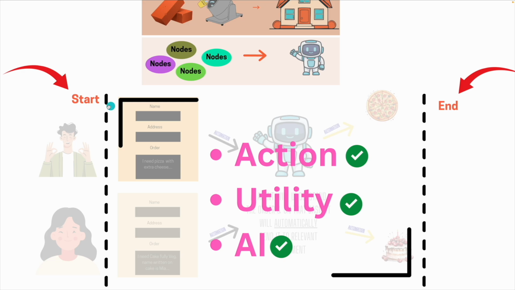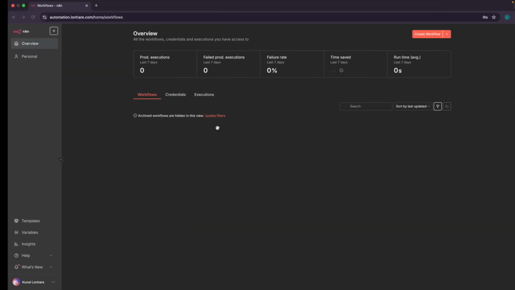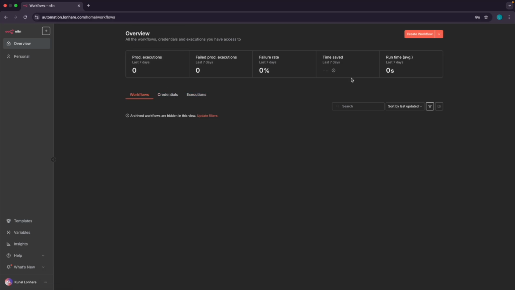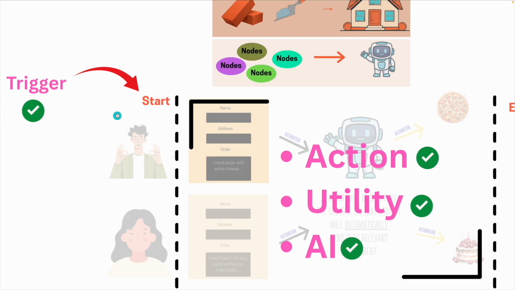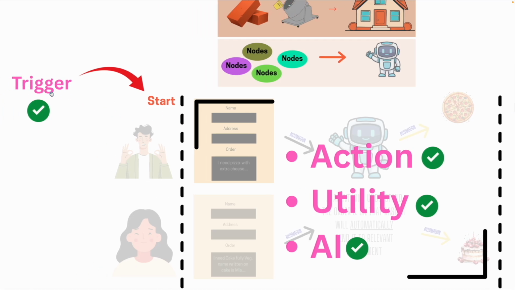That means always understand that whenever we talk about any automations or any AI agents which we are going to create, it will have a start point and an end point. So the start of an automation, we basically call a trigger. Trigger means when we want the automation to start. Whenever you want your automation to start, that is the concept known as trigger.